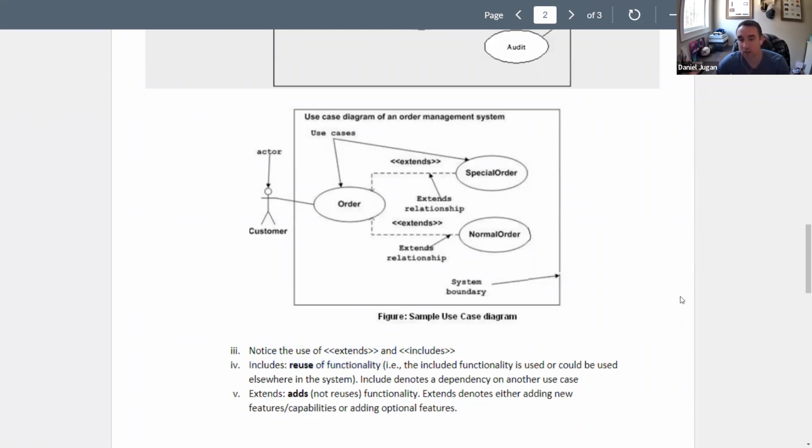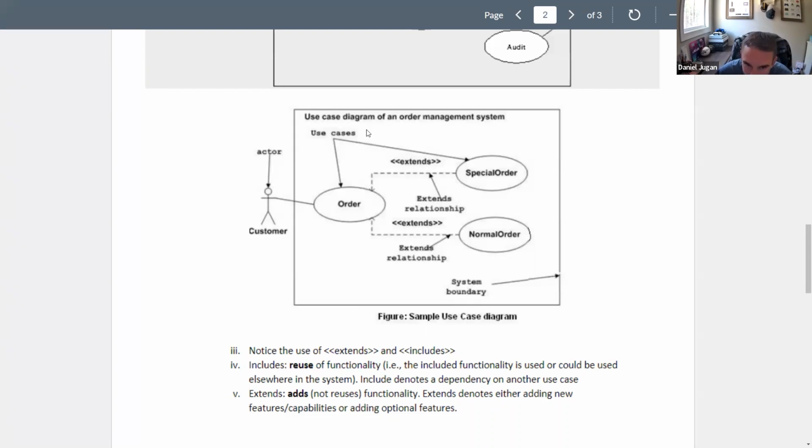The included functionality is used or could be used elsewhere in the system. So we are focused on a reuse of functionality. Something that is already used somewhere else can be tacked on or added here. And notice this says it denotes a dependency on another use case.